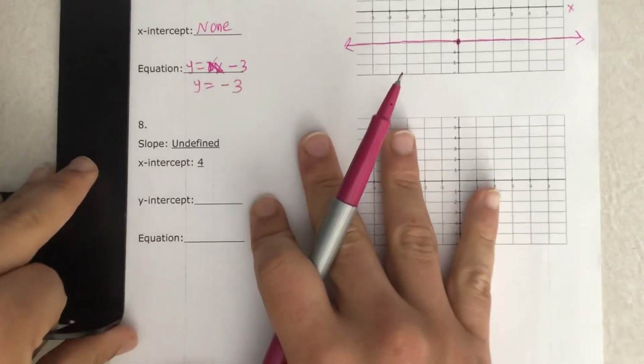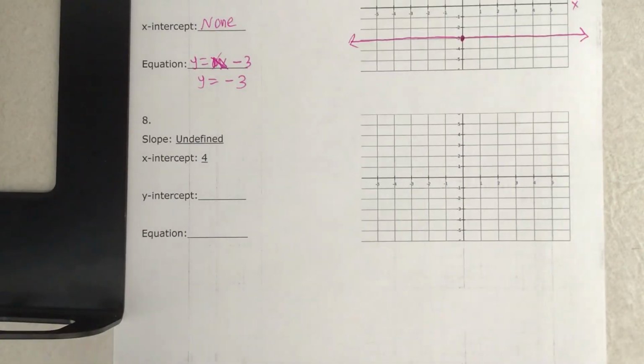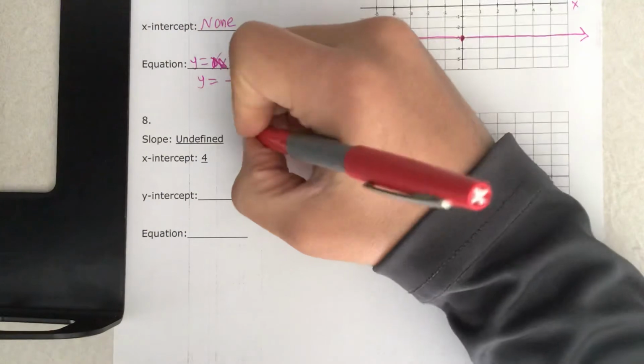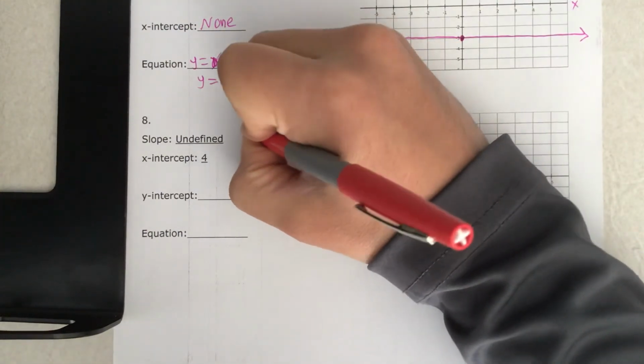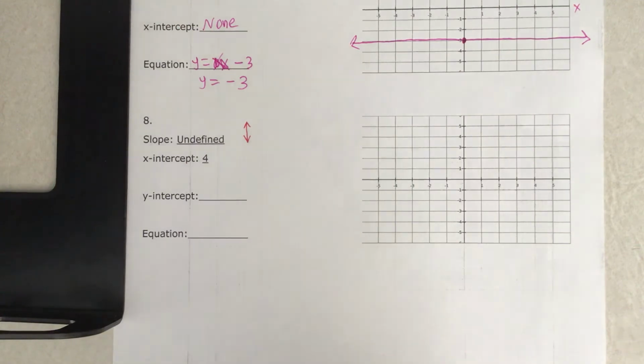Last example. This is the weird one, again. They're telling me my slope is undefined and my x-intercept is 4. So pay attention to what they give me. My slope is undefined, so I know automatically my graph is going to be a vertical line, okay?